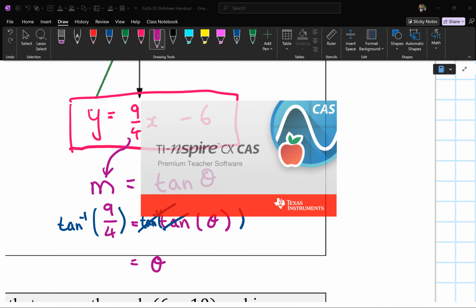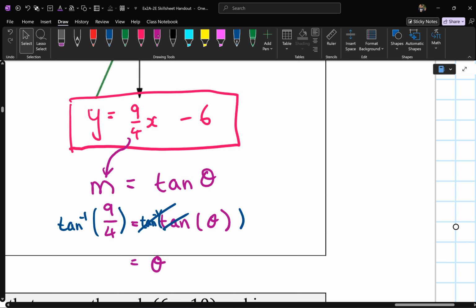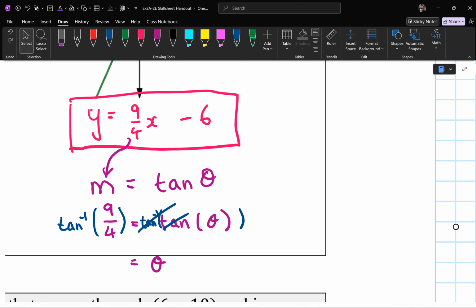Actually, I got my own calculator here. Tan inverse of 9 over 4. Yes. It's about 66.04 degrees. Okay? So just check that you got that.